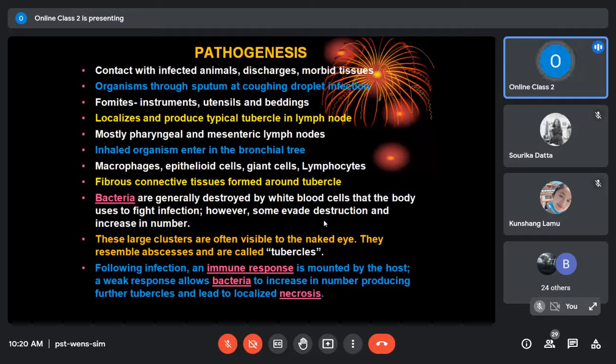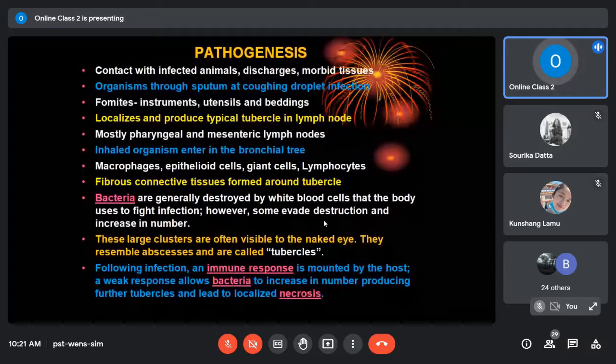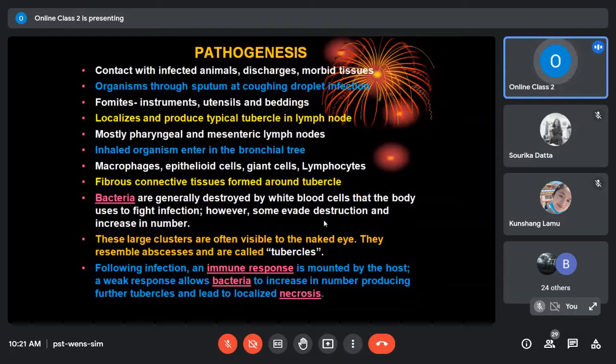These large clusters are often visible to the naked eye. They resemble abscesses, the so-called tubercles, where nodular lesions are formed. Of course, it is a little like an abscess, or you can say a nodule, a nodular growth.